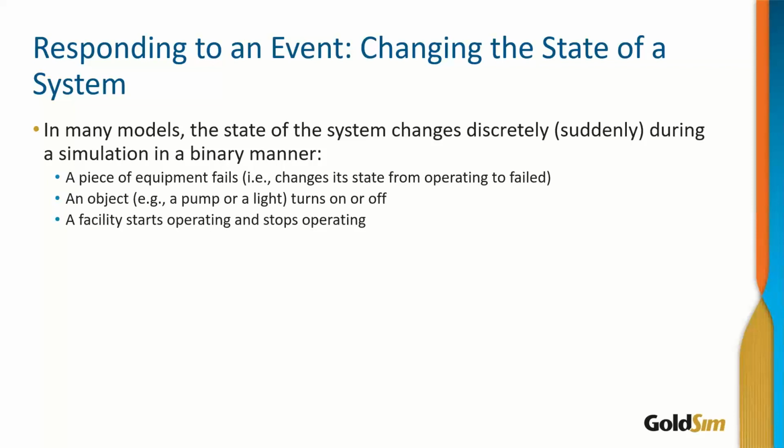What I mean by that is there's an on-off switch. The pump is on or the pump is off. The pump is operating or it's not operating. The facility is open or the facility is closed, right? So it's either a yes or no. And those yes or no changes happen suddenly.